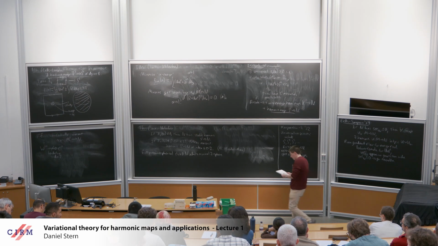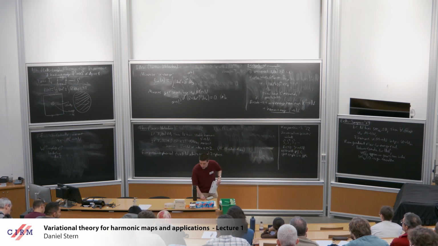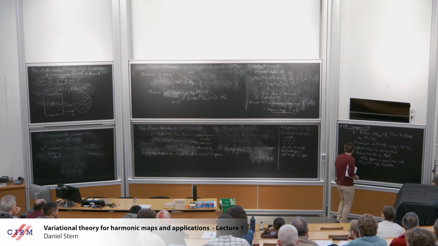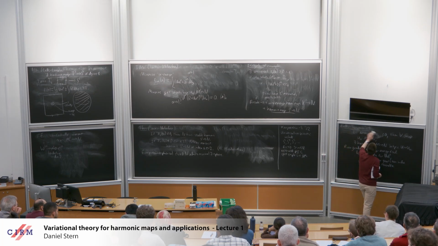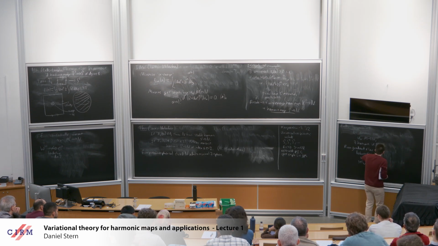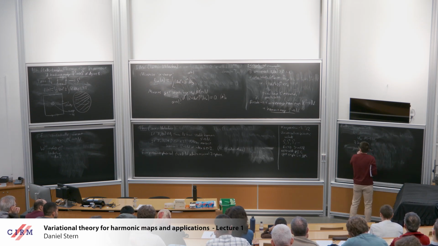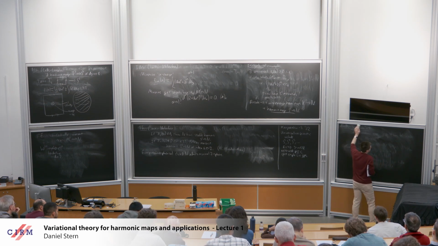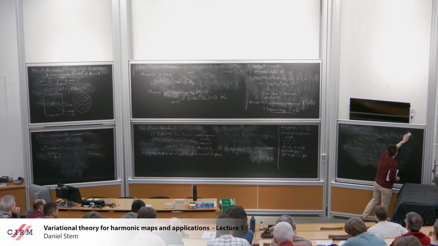Okay. So that's sort of the story for the Sachs-Uhlenbeck perturbation. Not the whole story, of course. People have said lots of other things. But now I want to go to a different regularization that, first of all, works on domains of arbitrary dimension, which is one big advantage over the Sachs-Uhlenbeck perturbation.